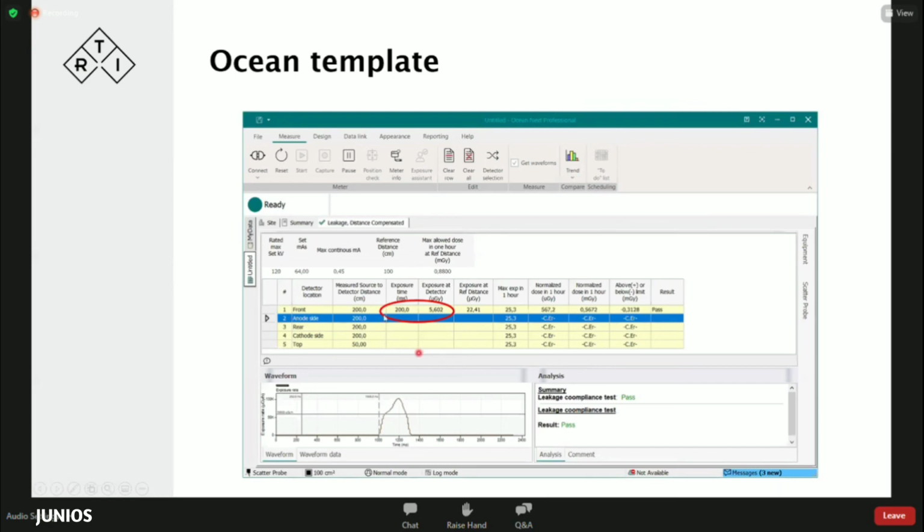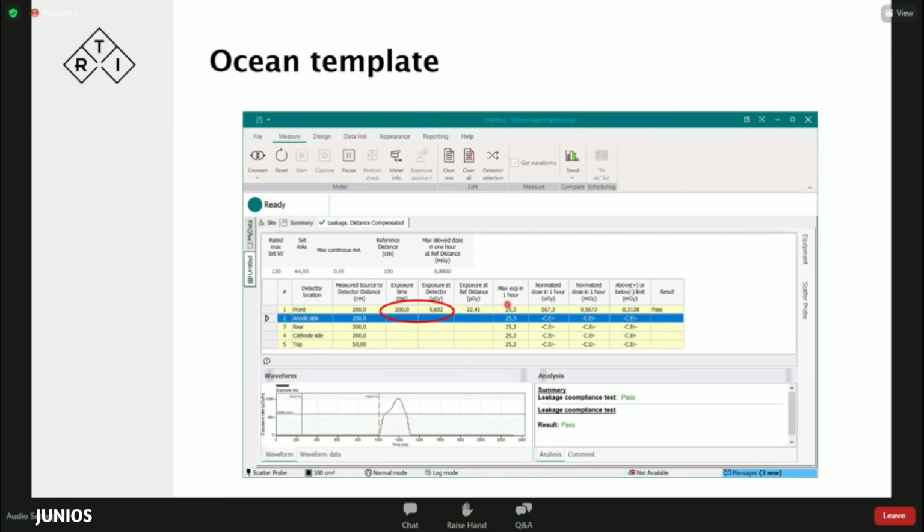Like for example, here the reference distance to the source is 200 centimeters, and the formula is actually able to give, using the inverse square law, the actual exposures at reference distance, which is 1 meter. So you have here 22.41 microgray.